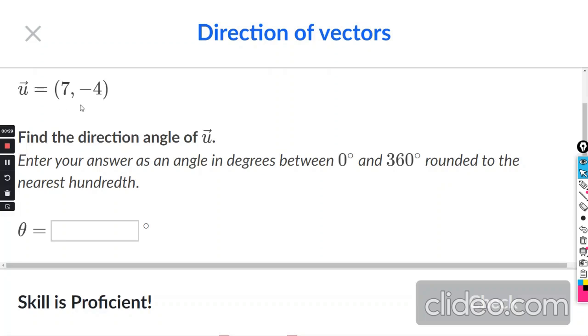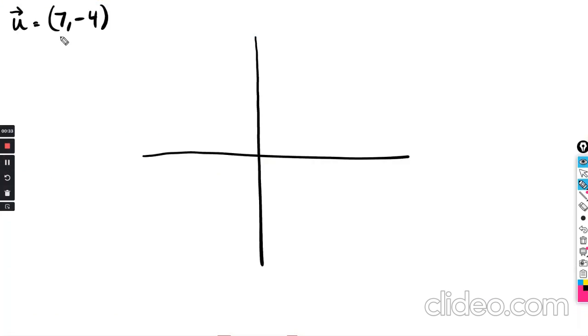All right, let's draw a sketch of this. We have an x component of 7. We start at the origin and go 7 units to the right, just estimating it, and -4 on the y, so going down about 4 units.